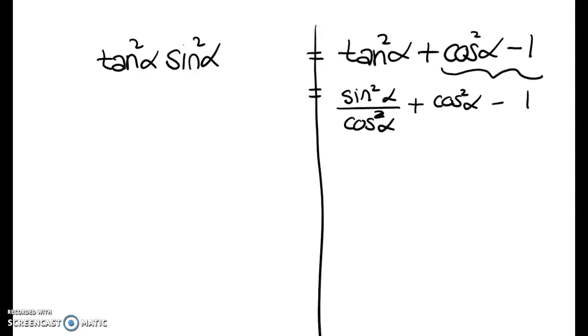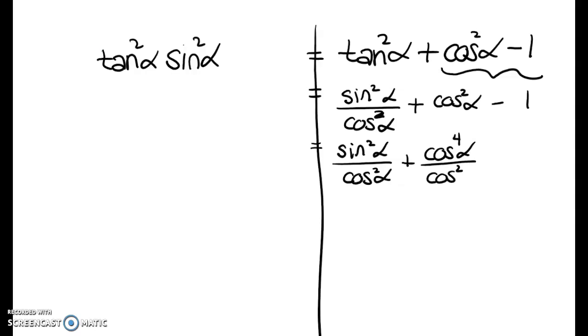All right, so maybe I could just put everything over a common denominator. Let's do that. Let's continue this and put everything over a common denominator. That makes this cosine to the power of 4 minus cosine squared alpha over cosine squared alpha.